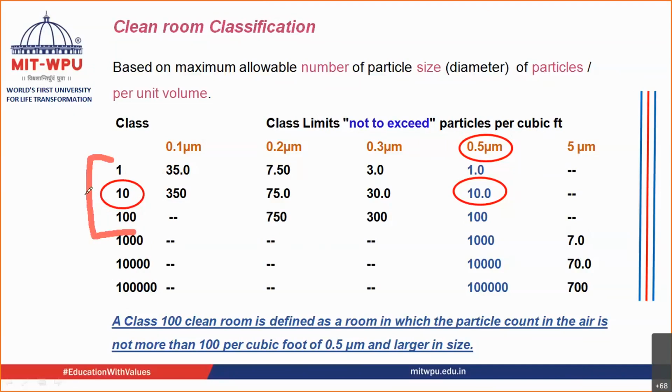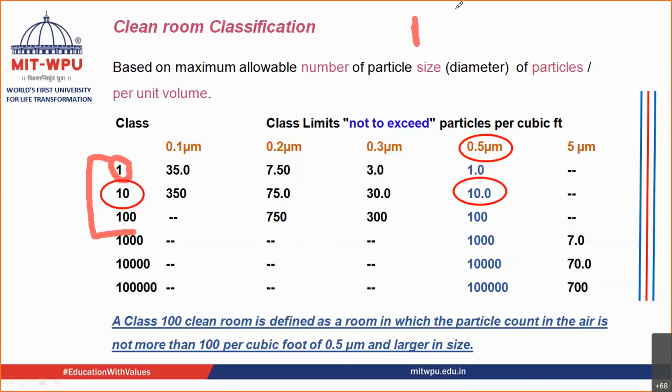Let us see an example of class 1. Now, what do you mean by class 1? When you say I have a class 1 area, it is a clean room where only one particle is present.